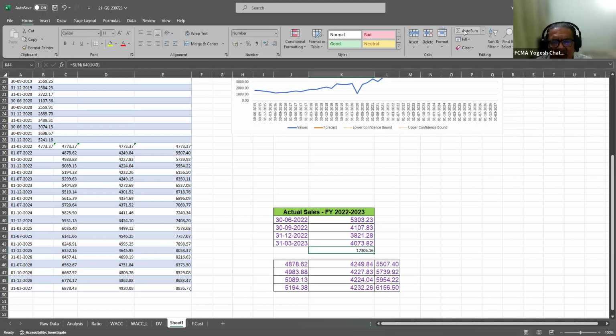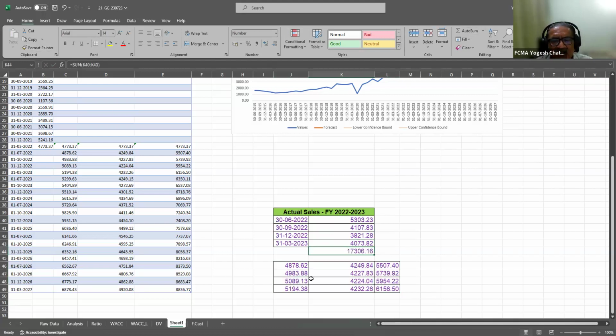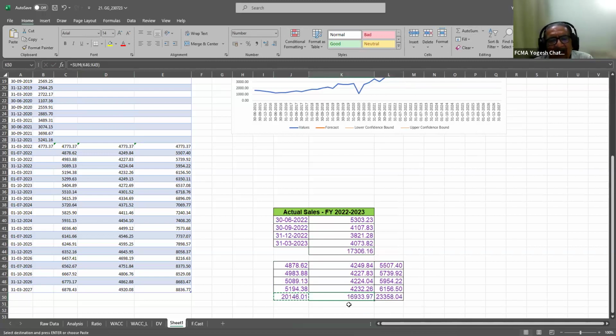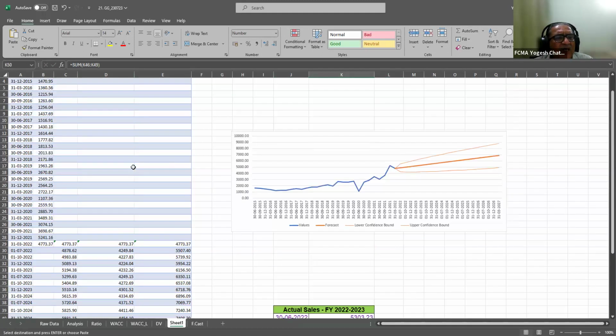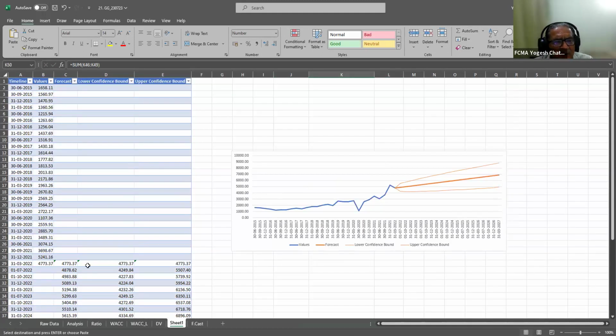As we are aware, the total actual sale is 17,306 crore. And if I make the total of this, as you can see, it is the lower bound. So I have got a projection in 3 different scenarios: the forecast base case, the lower confidence bound, and the upper confidence bound.